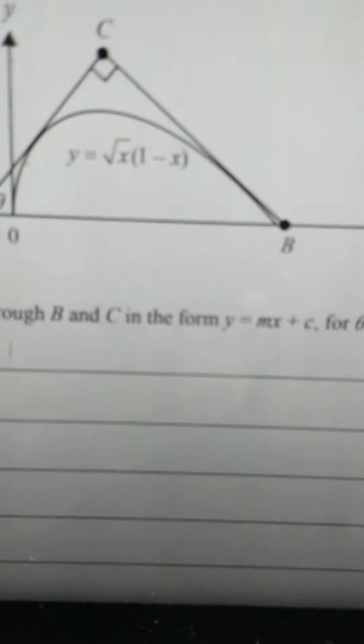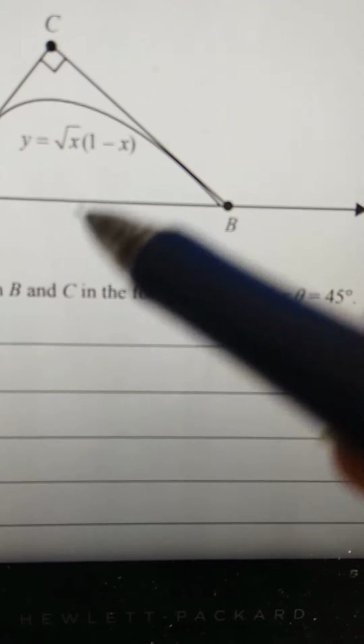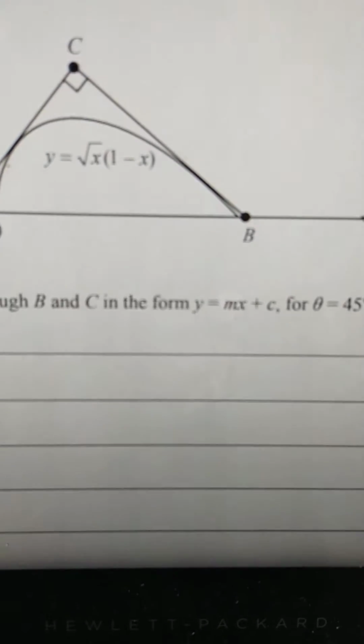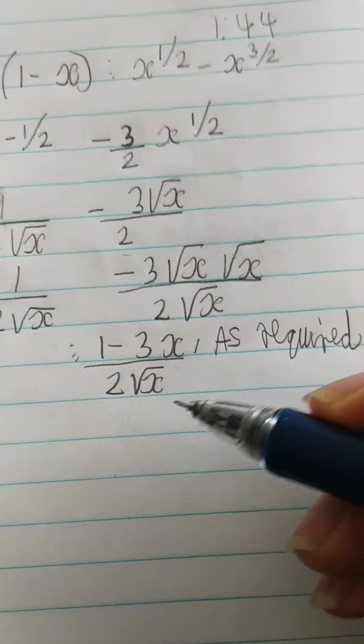So we need one more point to find our line, obviously, but notice how we've got that point of intersection. And we know that at the point of intersection, the gradient of the tangent is equal to the gradient of the curve. We're given the gradient of the curve from the previous question as (1 minus 3x) over 2 root x. So we simply equate them to find that point.